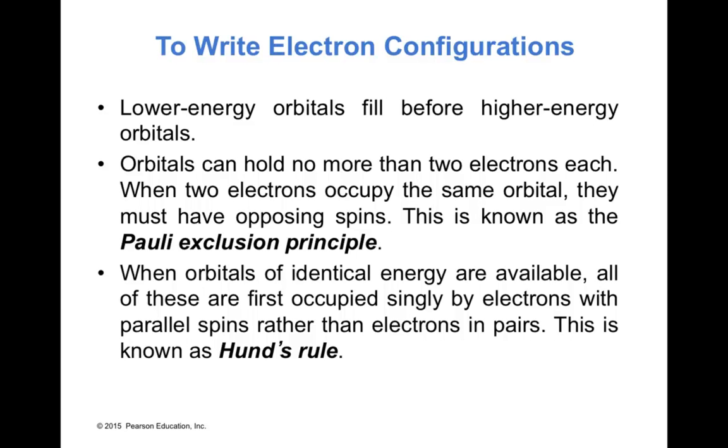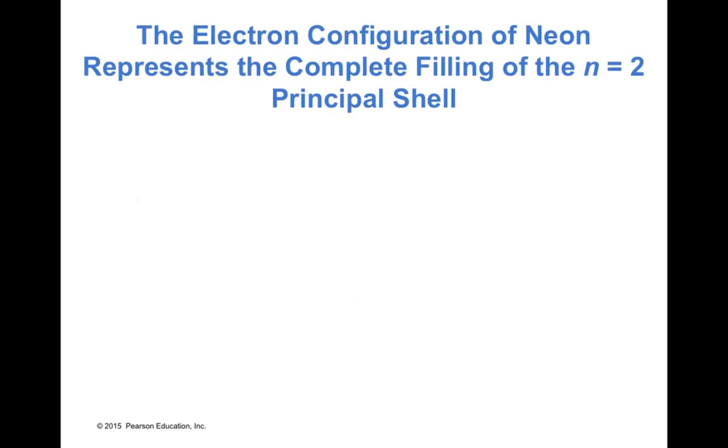When orbitals of identical energy are available, for example, the p, where we have 3 p orbitals, or the d, where we have 5 d orbitals, all of these are first occupied singly by electrons with parallel spins rather than electrons in pairs. This is known as Hund's rule.